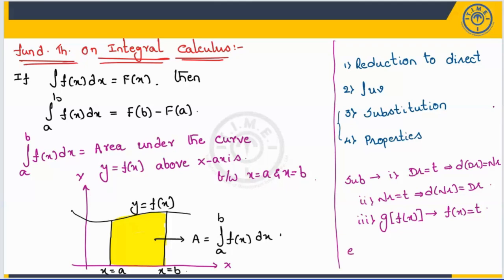Say if I have e to the power f of x, or f of x to the power n, or logarithmic of f of x, or trigonometric of f of x and so on. If I have a function inside another function, we'll substitute the inner function as t.